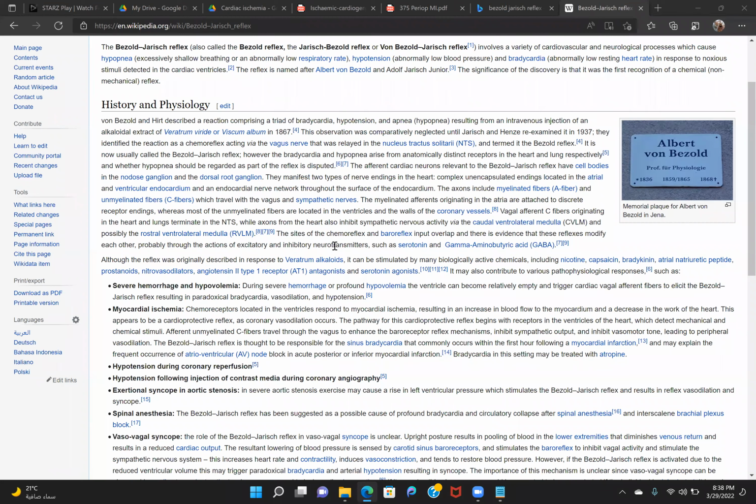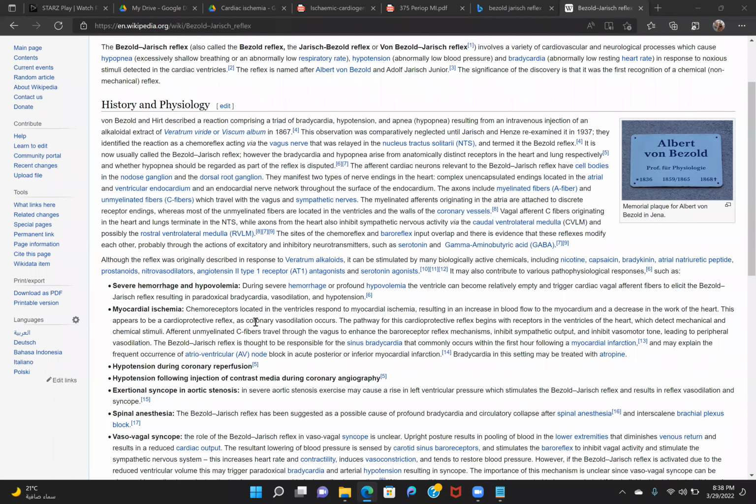Sir, the Bezold-Jarisch reflex is very similar to the vasovagal reflex or vasovagal shock. It is related to vagal dominance, and it occurs in severe hypovolemia and severe hypotension.